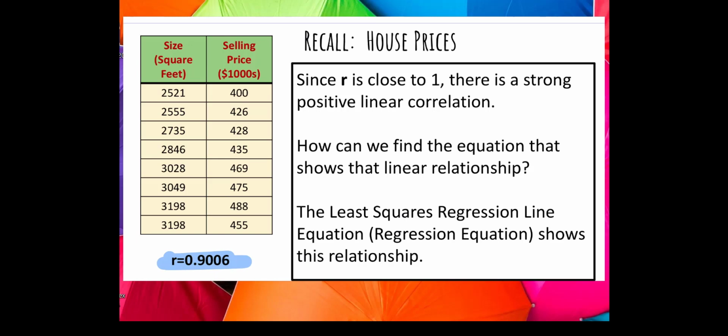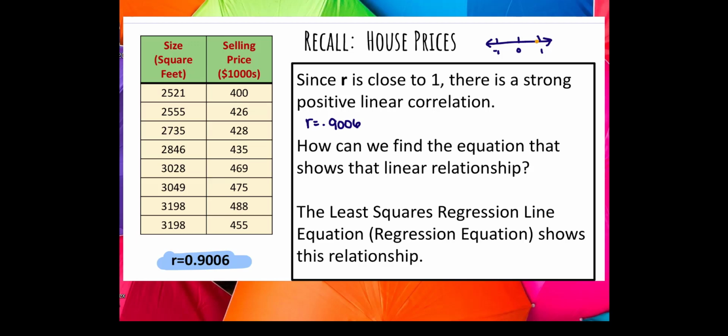That is the R in this case, and again, I'll show you how to calculate that in a moment. So since R is 0.9006, if you were looking on a number line, somewhere really close to here, that's really close to +1.